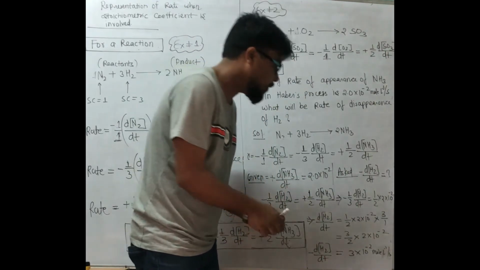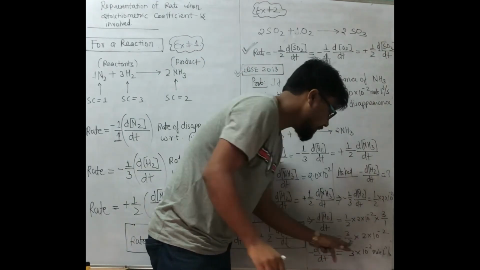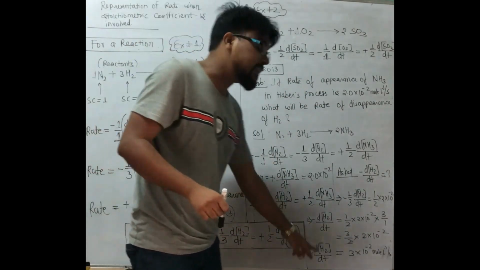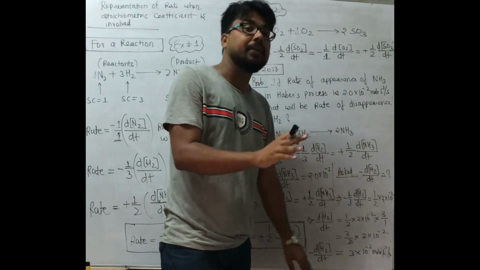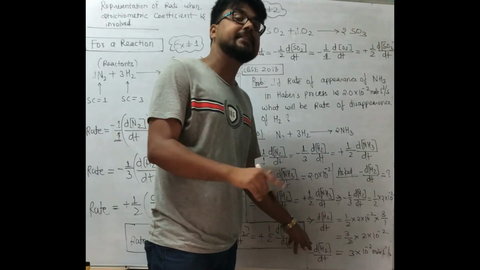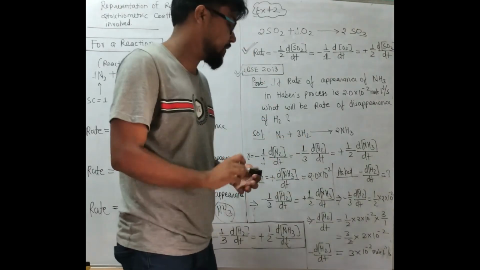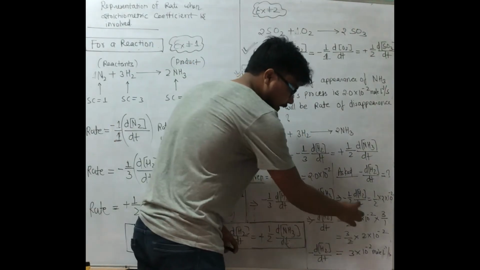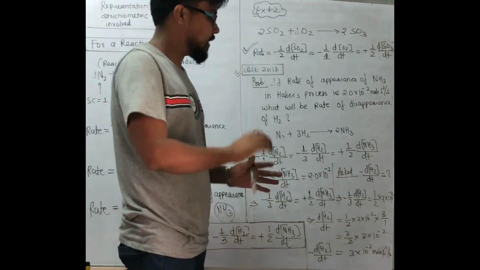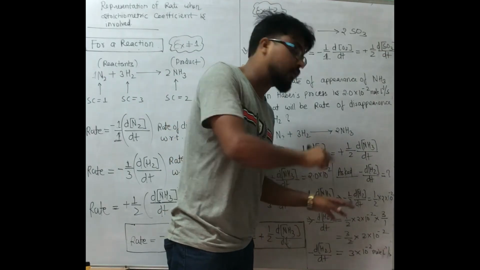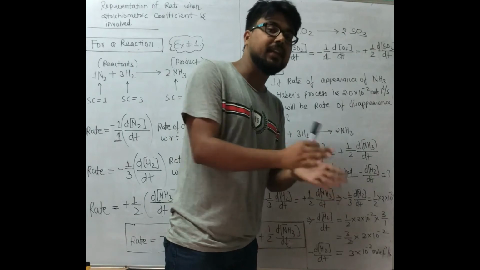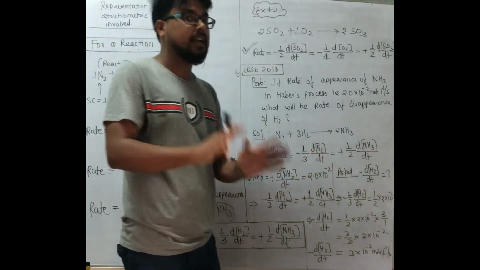When you solve, the 2 cancels, and the answer will be 3 × 10 to the power minus 2 mole per liter per second. This is the exact answer for the rate of disappearance of hydrogen. If you leave it as 1 by 3 d[H2]/dt, it will be wrong. You have to transfer this value to the next side, and with the help of division and multiplication you can get the final value.